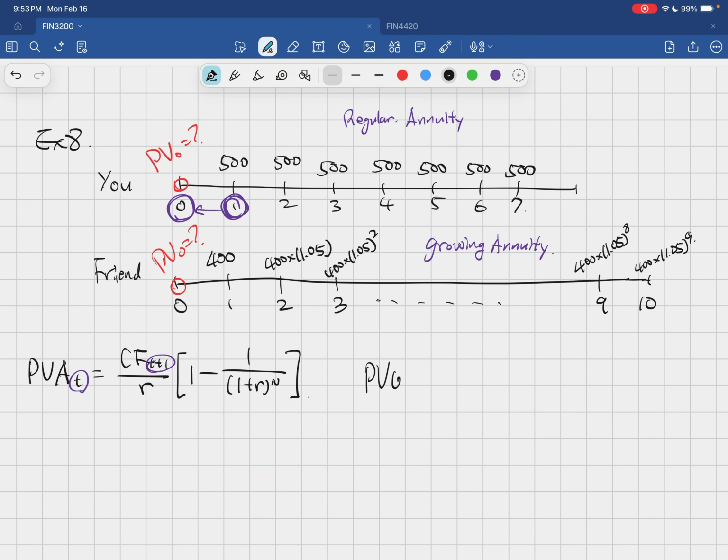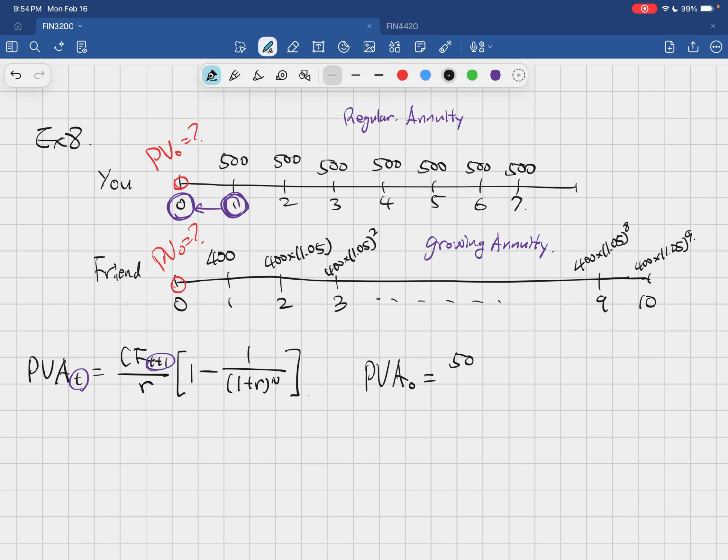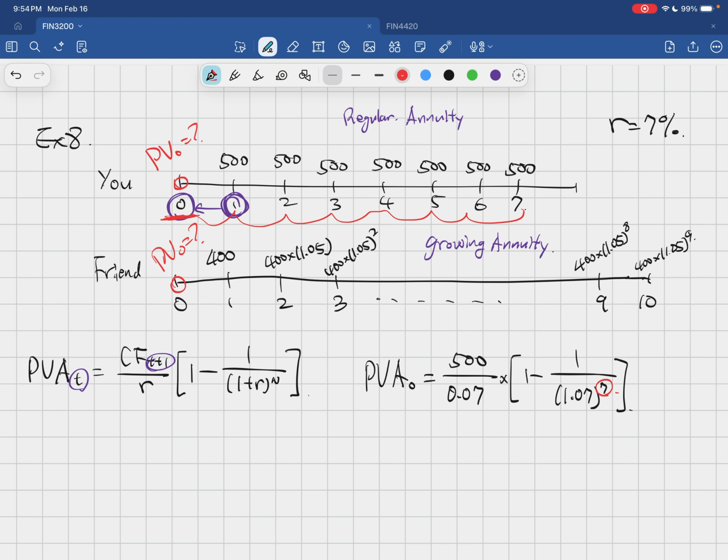Okay, so PVA at time 0 is equal to the $500 over R. R was 7% for both you and your friend. 0.07 times 1 minus 1 over 1.07 to the 7th power. Okay, so the n here is 7 because we have an annuity whose contract was signed at time 0, and it's a 7-year annuity. Okay, so n is 7.